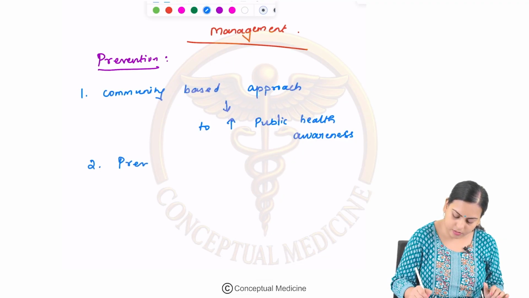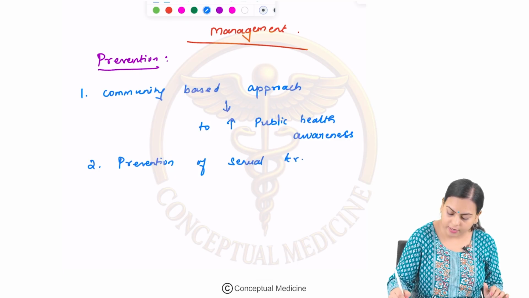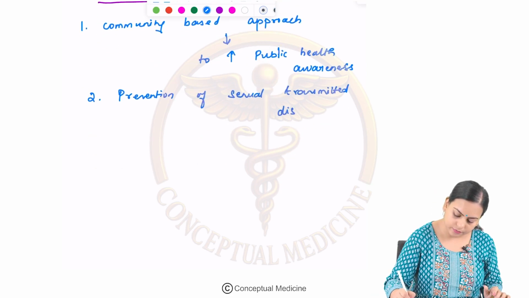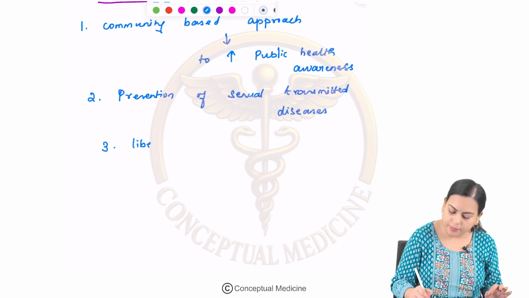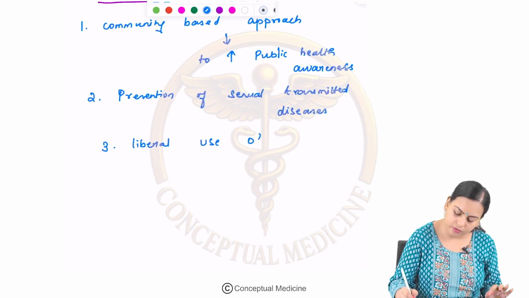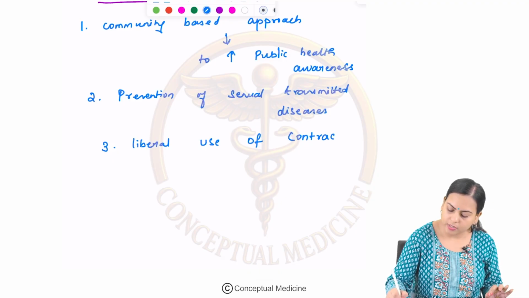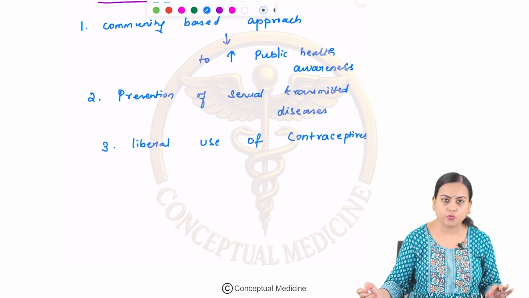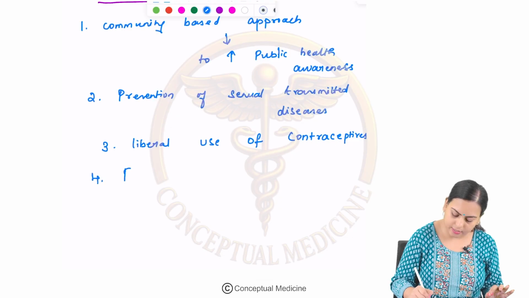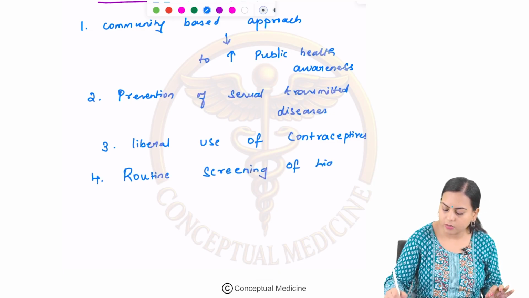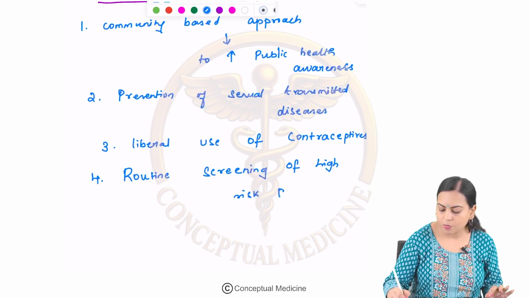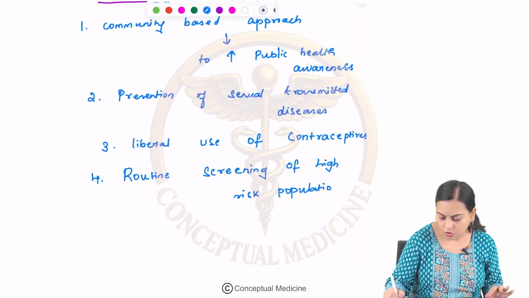Second, there should be prevention of sexually transmitted diseases, liberal use of contraceptives should be there, and finally routine screening of high risk population should be offered.